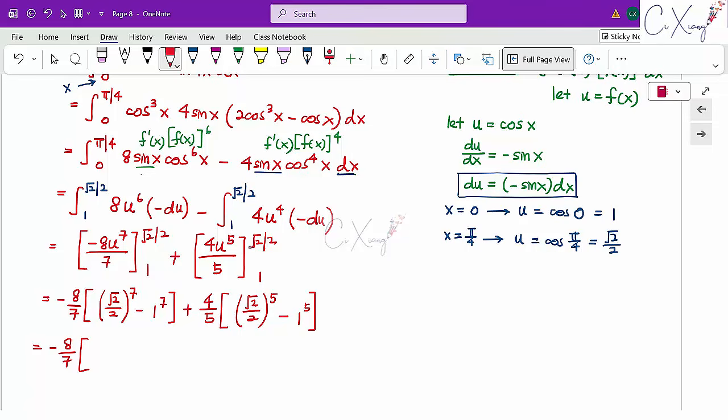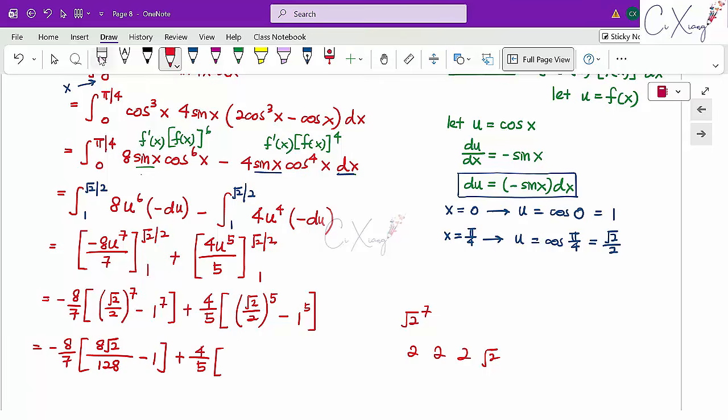Root 2 power 7: you basically have root 2 squared three times, with one more root 2. So 2 times 2 times 2 gives 8. So you have 8 root 2 over 2 power 7, which is 128, minus 1.